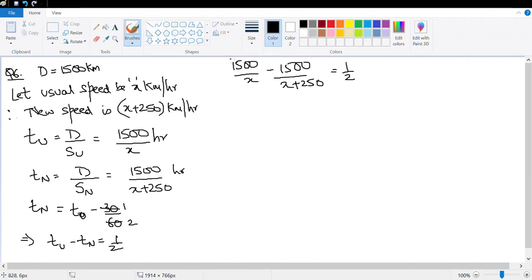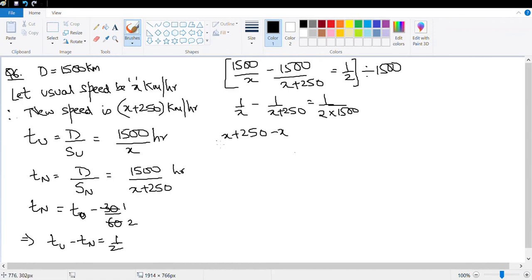Let's divide everything by 1500 and I get 1 upon x minus 1 upon x plus 250 is equal to 1 upon 2 into 1500. So let's take LCM and add: x plus 250 minus x upon x square plus 250x is equal to 1 upon 3000. 15 into 30 with 2 more zeros.